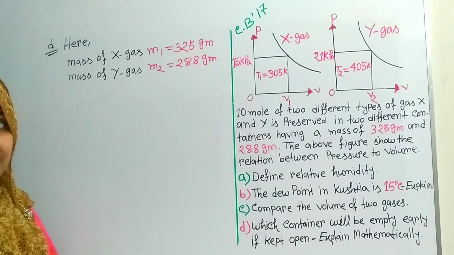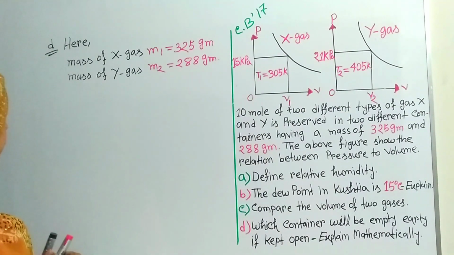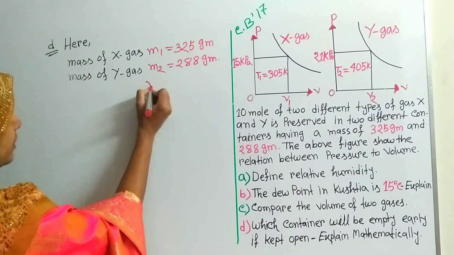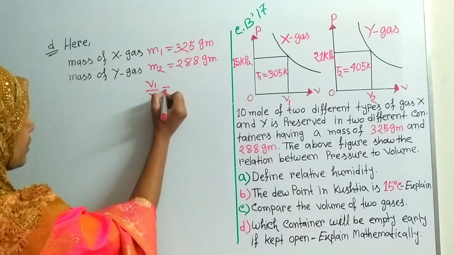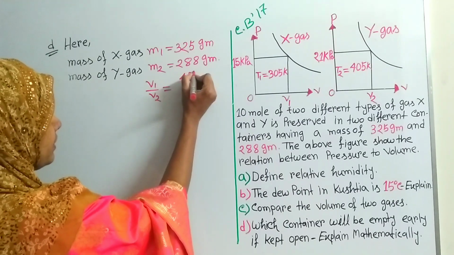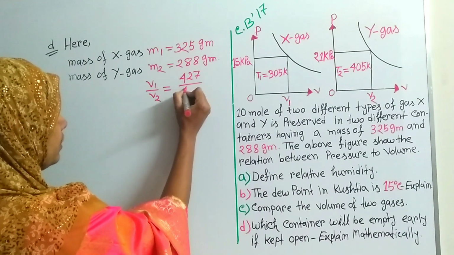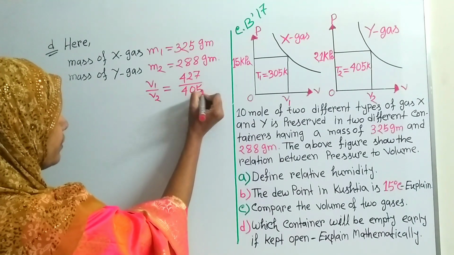Now from question C we get the value of V1 by V2 is equal to 427 by 405.